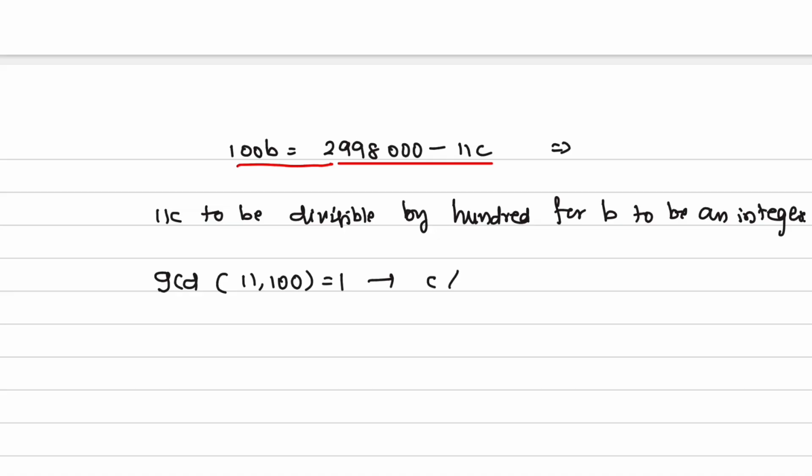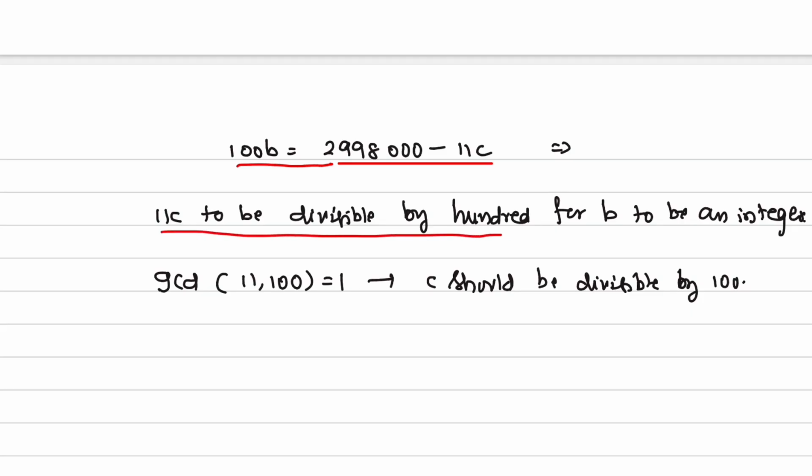C should be divisible by 100, because in 11C, 11 is not divisible by 100, then C should be divisible by 100. 11C should be divisible by 100. It implies C should be divisible by 100.